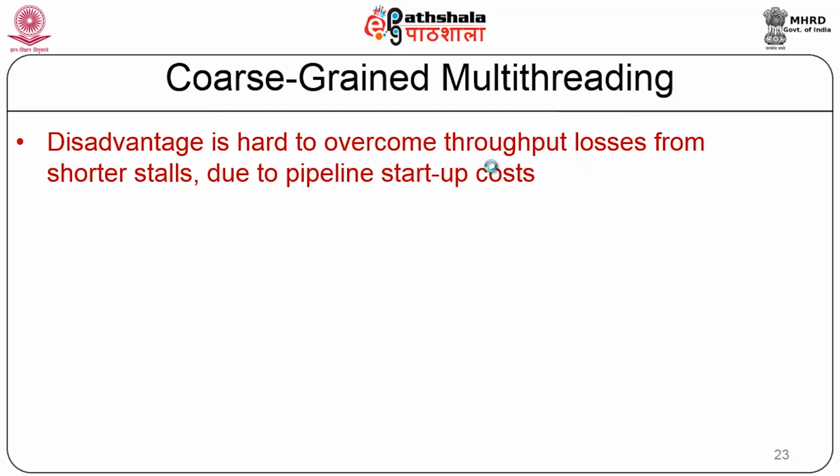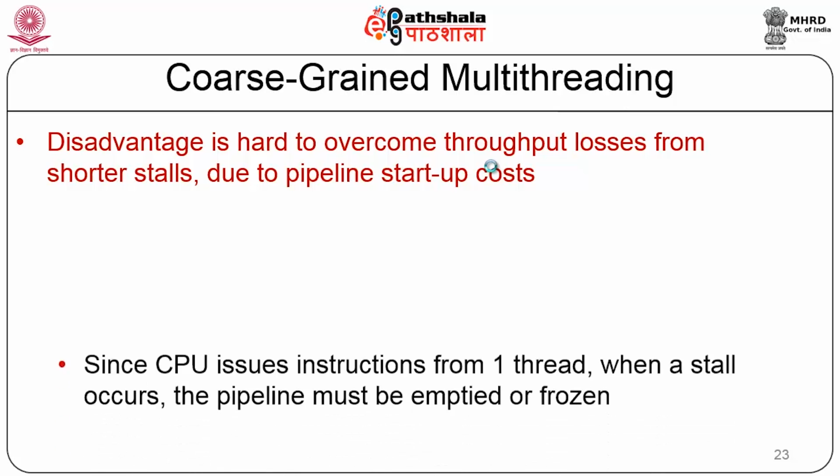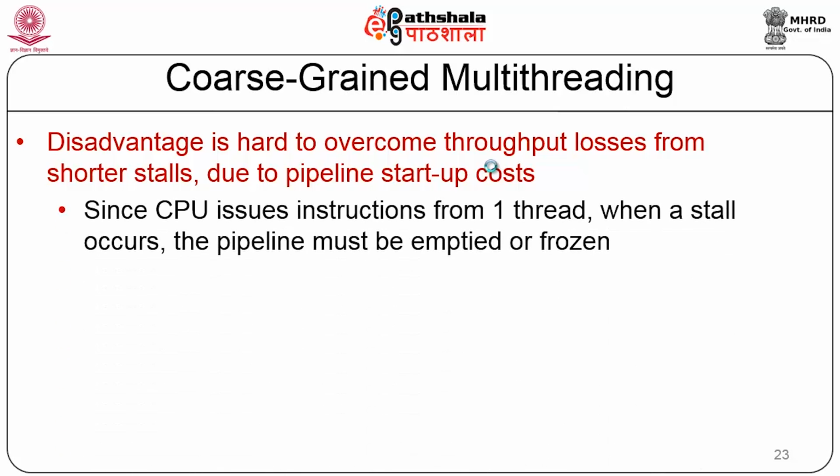The disadvantage is that it's hard to overcome throughput losses from shorter stalls due to pipeline startup costs. Unlike fine-grained multithreading, where you switch to a different thread every clock cycle, so you would have fetched instructions from multiple threads and have them ready for execution, in coarse-grained multithreading you concentrate on only one thread of execution.